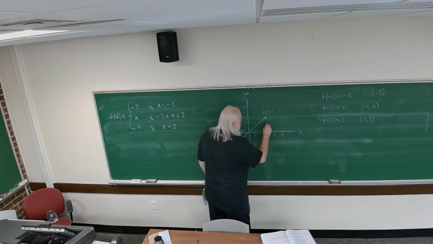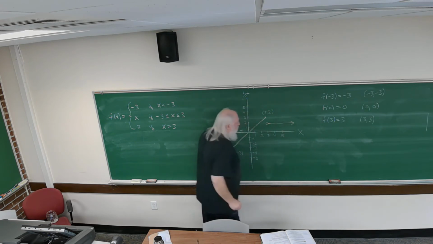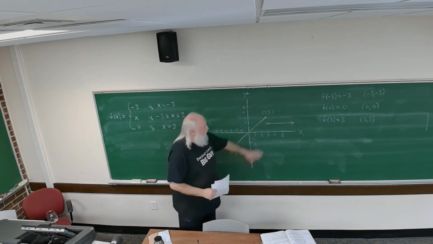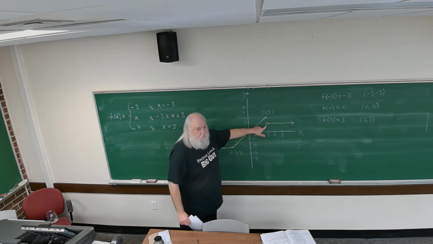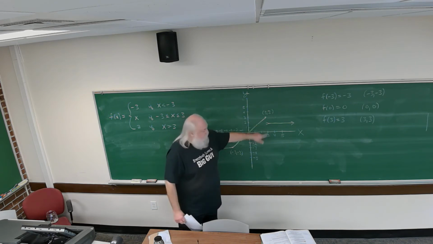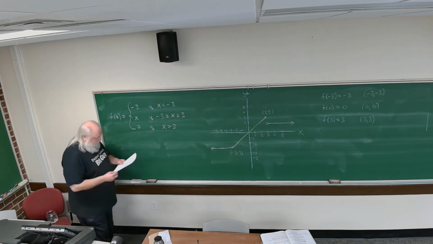So we just have a horizontal half line going to the right of the open circle at 3, 2, right? There's an open circle at the point 3, 2, because at x equals 3, the value of the function is plus 3, not plus 2. Okay? And so that's what the graph of this function looks like.